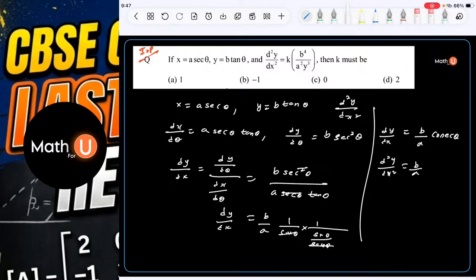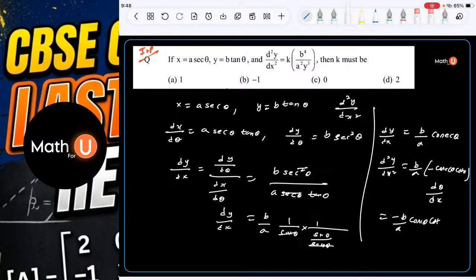Differentiation of cosecant theta is minus cosecant theta cot theta, and again theta is a dependent variable, so you should write d theta by dx. Then minus b by a cosecant theta cot theta d theta by dx.